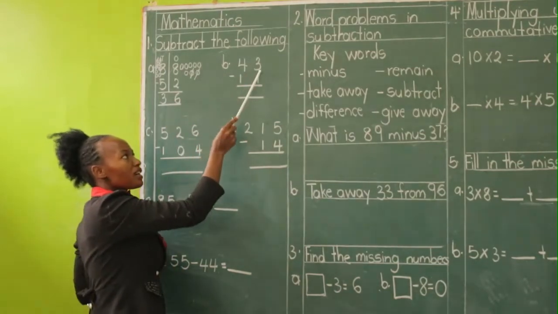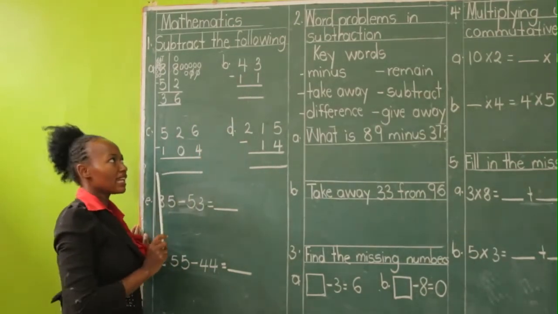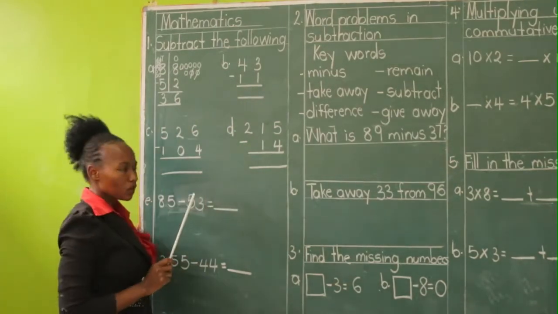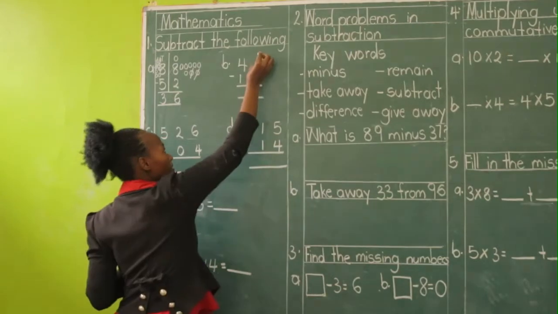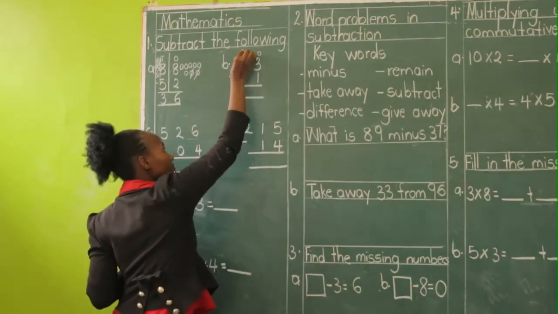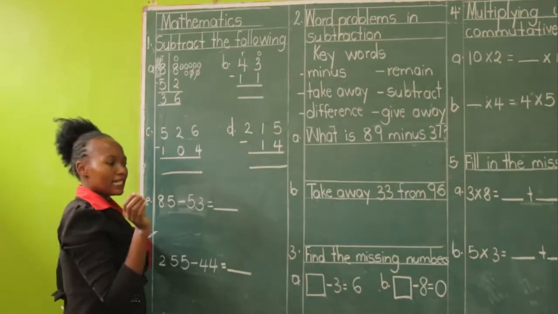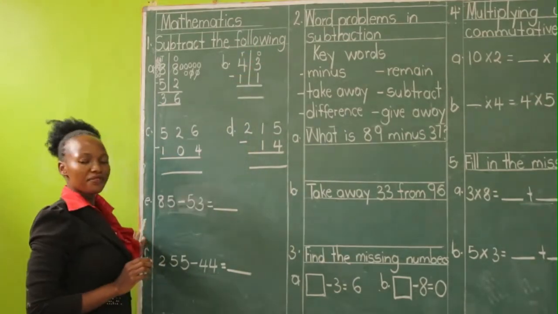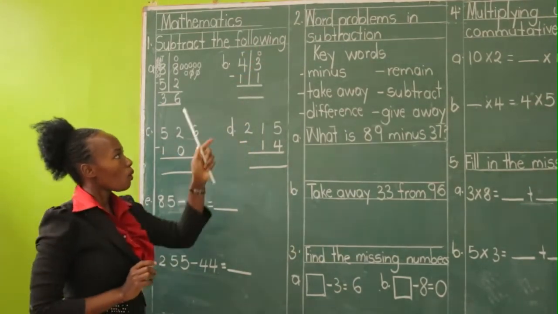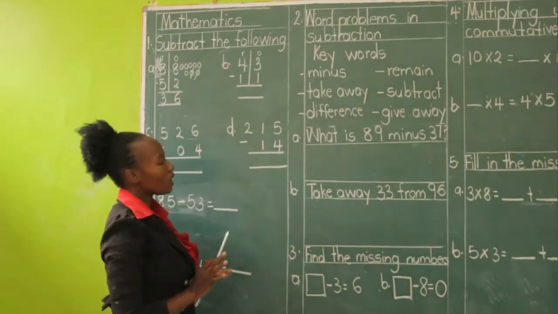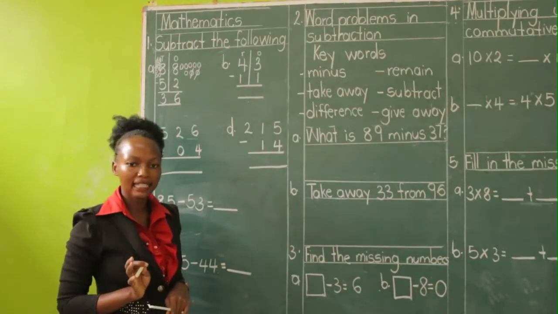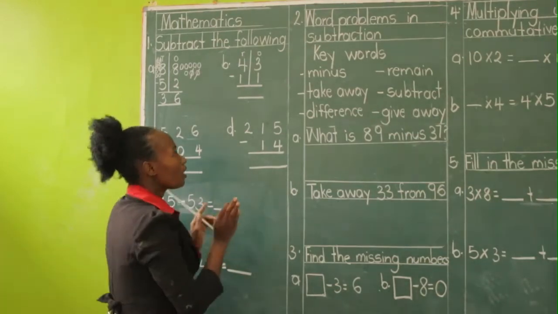43 take away 11. Don't forget the symbols for the place values, then the line in the middle to separate the place values. After, we start from the ones side. When I look at the ones, there is 3 take away 1.